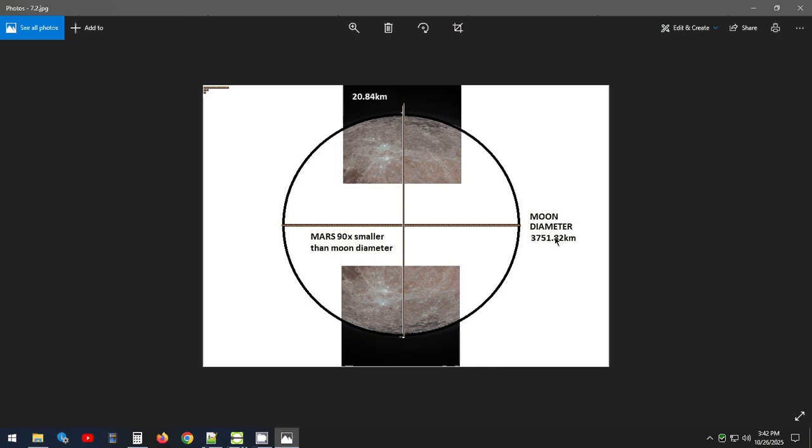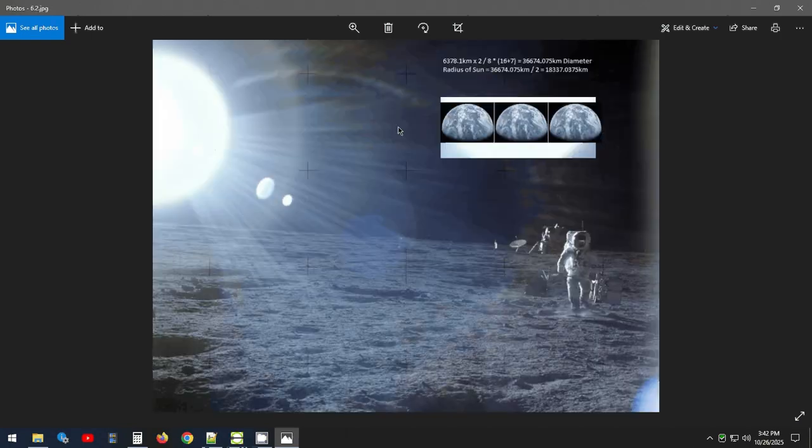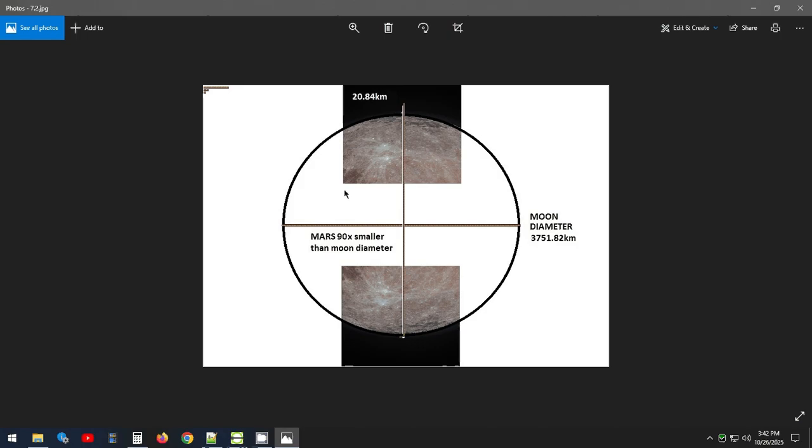But the moon in this picture here is actually 90 times smaller than the moon. So 3,751 divided by 90 gives us 20.84 kilometers.